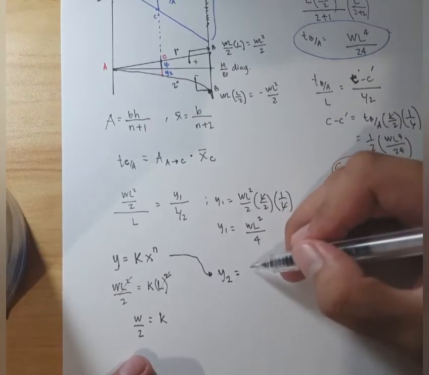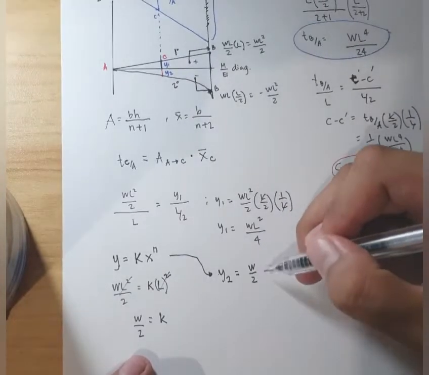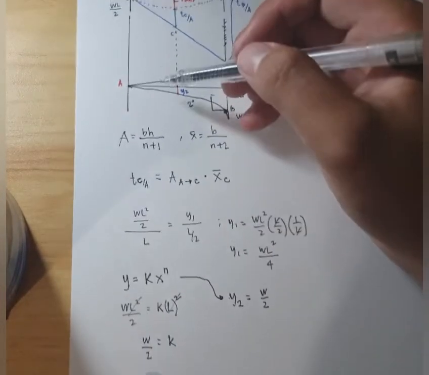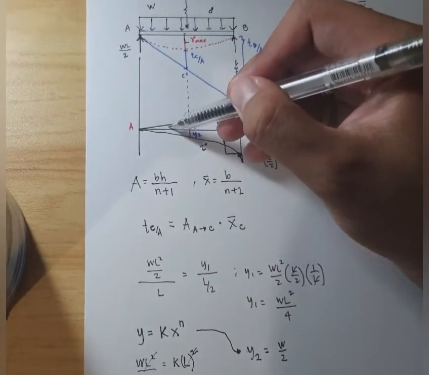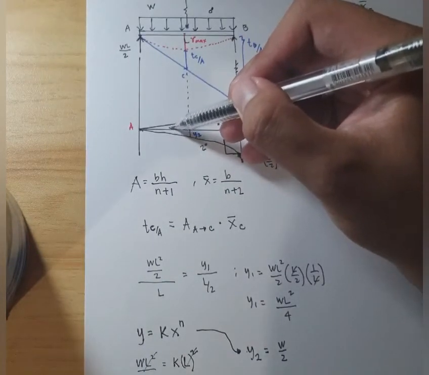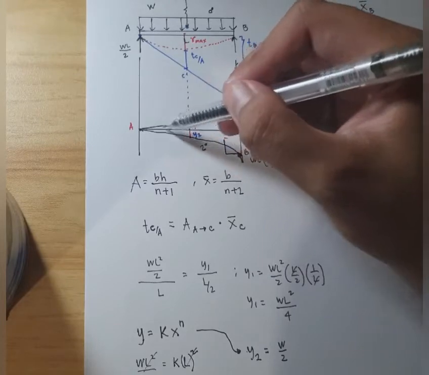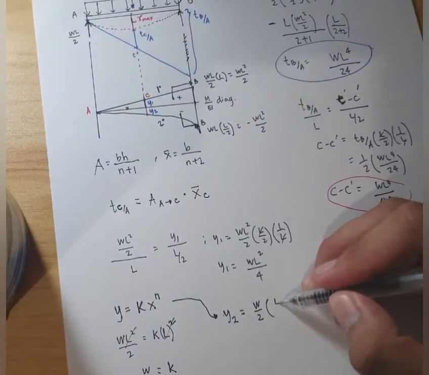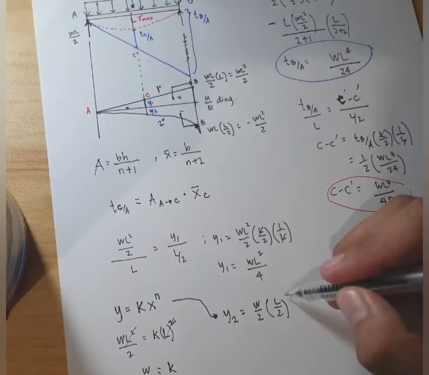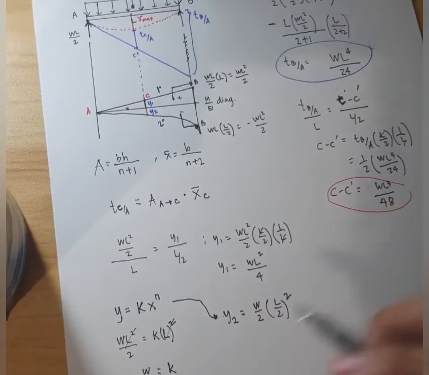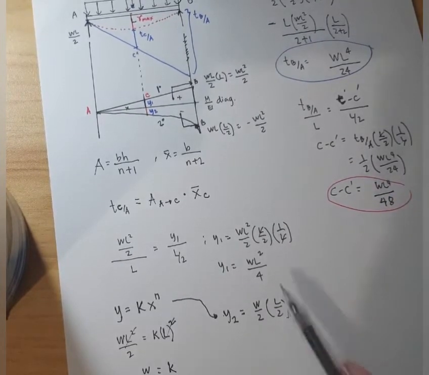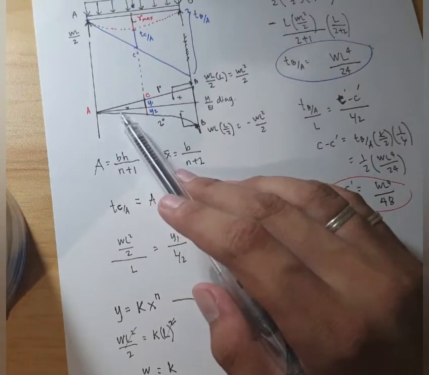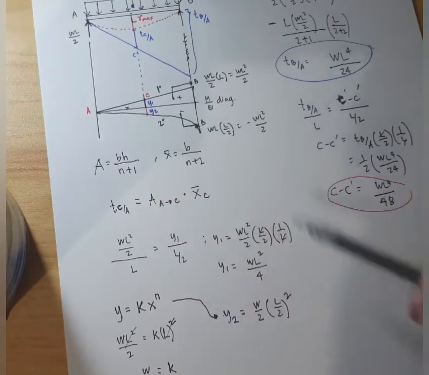So k is W over 2. The x, there is an x here, so that is L over 2, to the power of second degree. The x for this spandrel is L over 2.